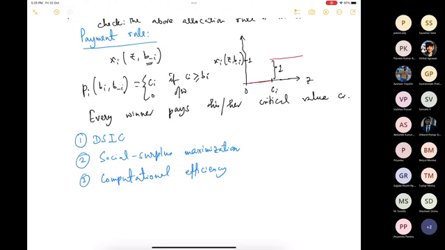Yes, no? How many of you think it is yes? Raise your hand. Raise your hand if you think that it satisfies all the three properties. No one? Okay, raise your hand if you think that it does not satisfy all the three properties.